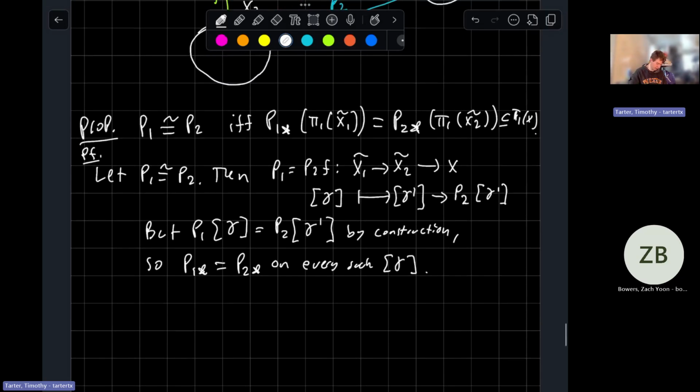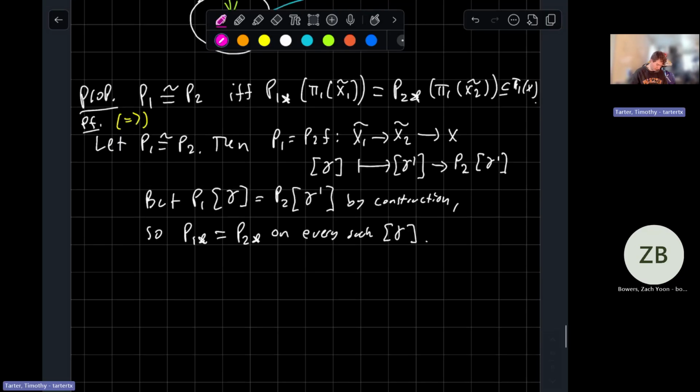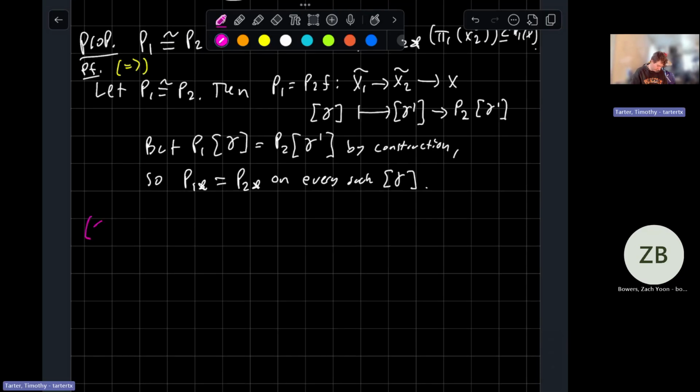So that's direction one. And then direction two.